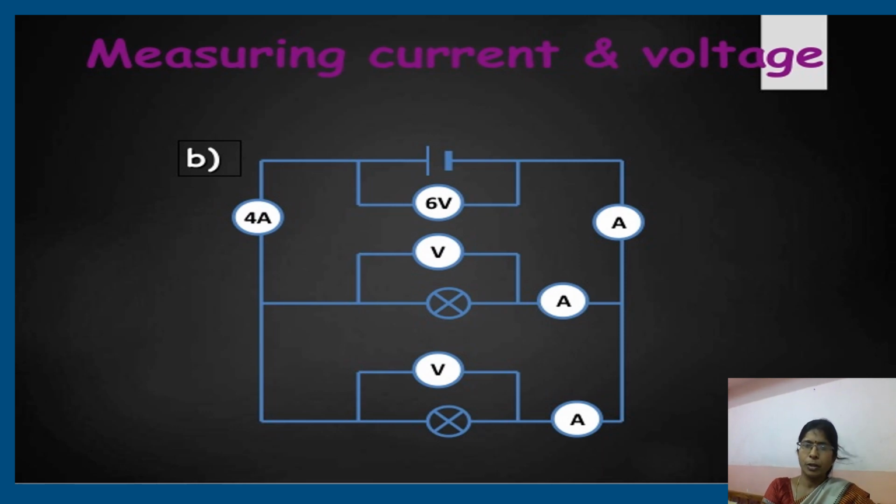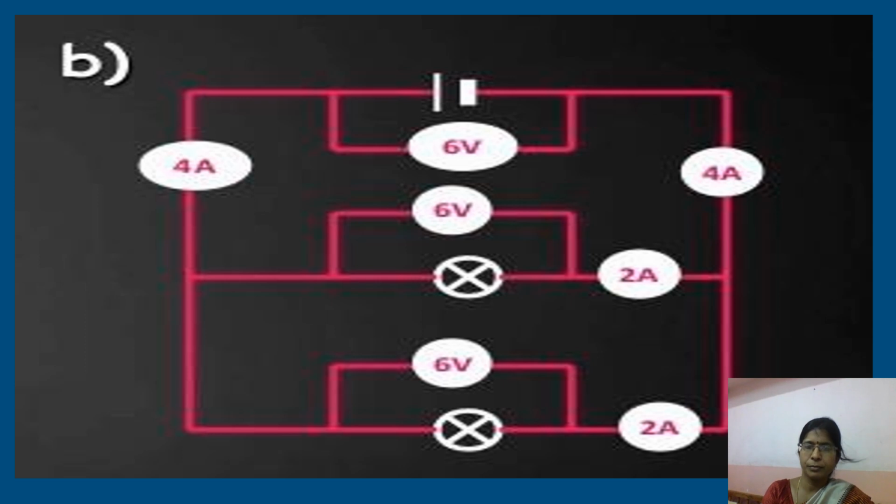Then what about current? So here current is 4 amperes, and this is divided between the two resistors. So it can be 2 amperes and 2 amperes. And finally again 4 amperes of current flows through it. So let's see whether we are right or not.